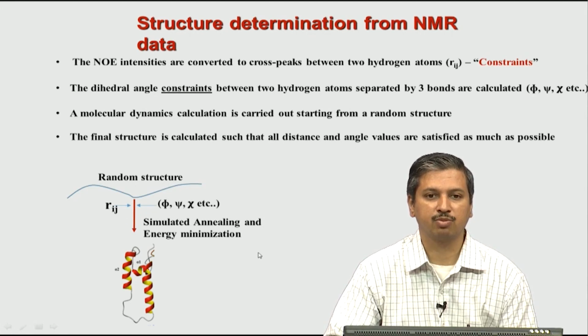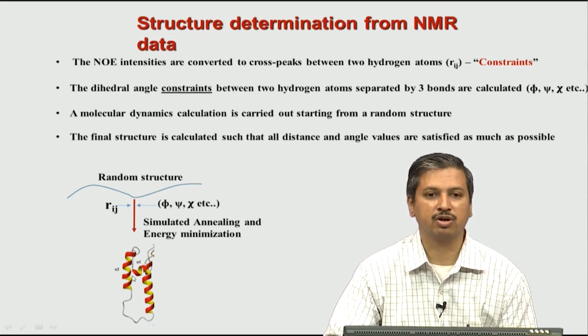So, what is done typically is we do not start from a single structure, we generate hundreds of random structures, because remember random structures can be any number, any randomized structures. So, typically we generate about 100 randomized structures, then each of them is subjected to this molecular dynamics simulated annealing, and slowly the distance values are given for each of these 100 structures, and you finally get 100 final structures.